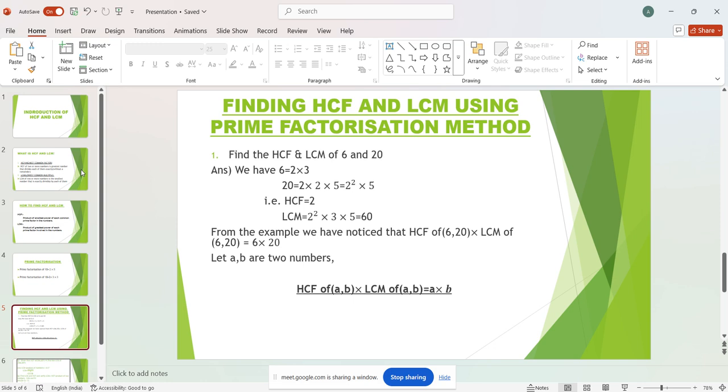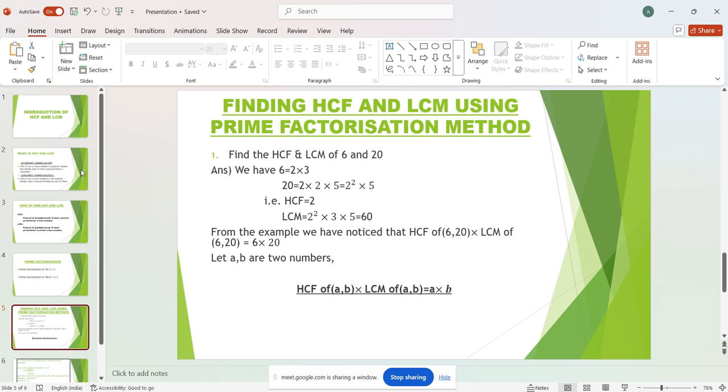Look at the above example of 6 and 20. You have noticed that HCF is 2 and LCM is 60.